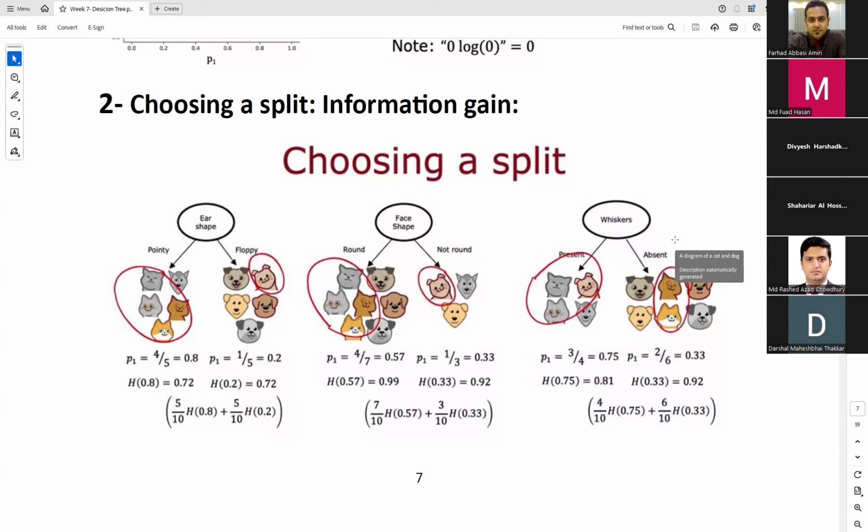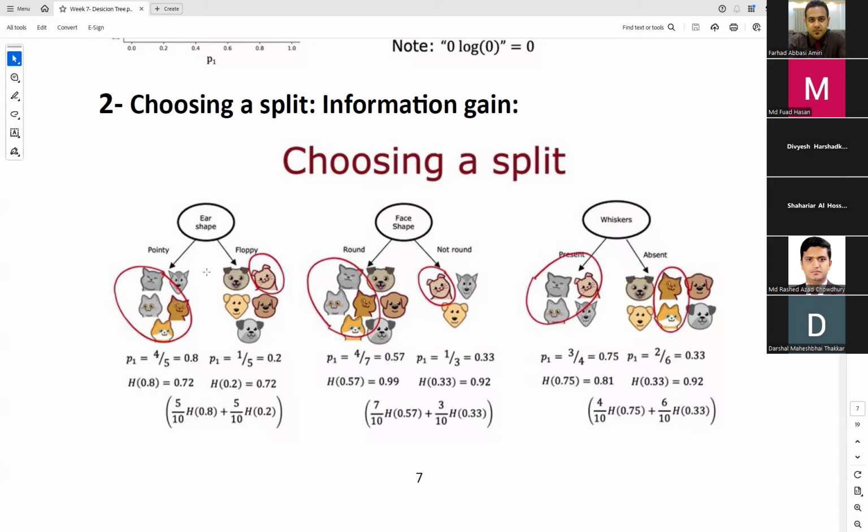The good thing, a good decision tree, is that when you start from the root node and go one level further downward, the impurity or the entropy should be reduced. This is called the information gain, right?